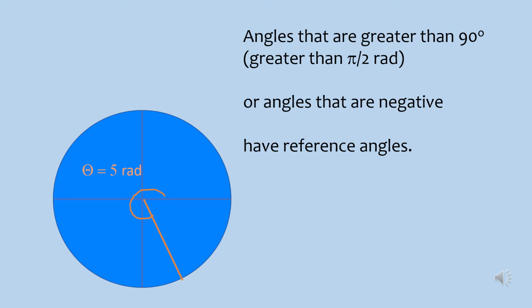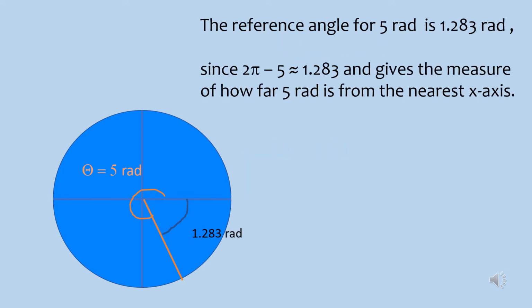So 5 radians falls in quadrant 4. The reference angle for 5 radians is 1.283 radians. Notice that the terminal ray of 5 radians is approximately 1.283 radians away from the positive side of the x-axis.